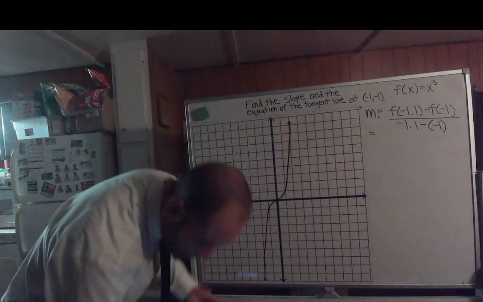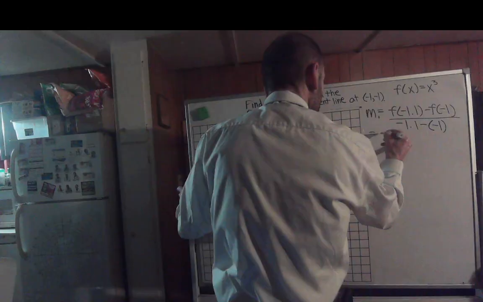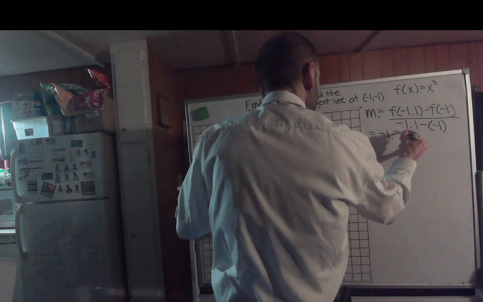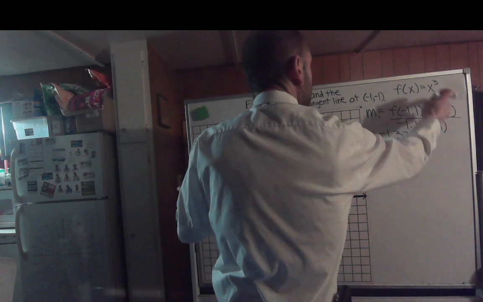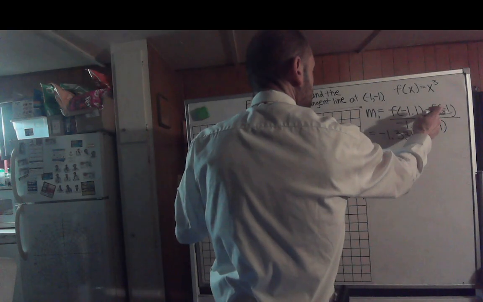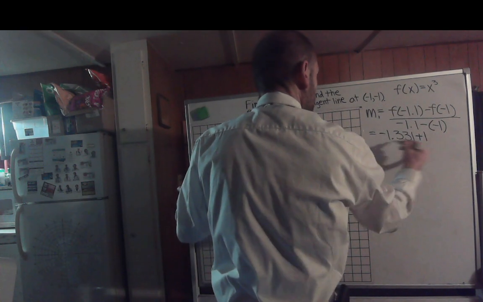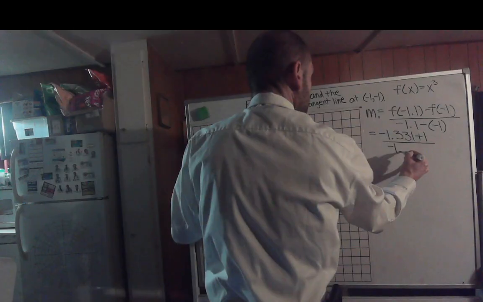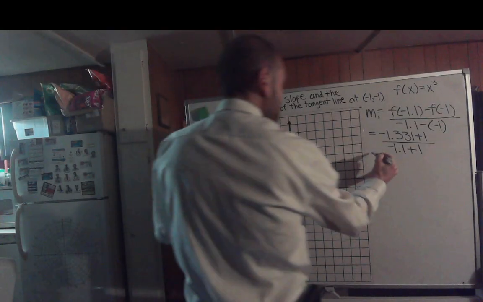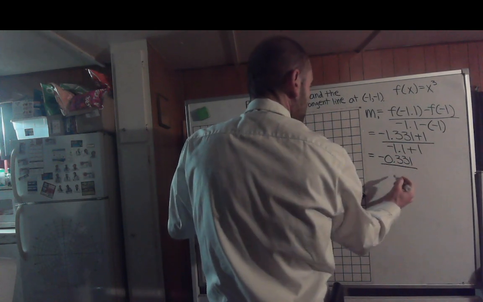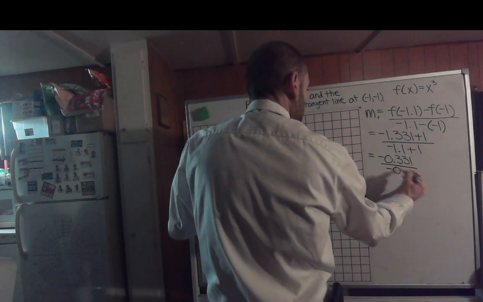I get -1.331. Now, f of -1 is -1. Negative of -1, that's +1, divided by negative 1.1 minus negative 1. Well, that's negative 1.1 plus 1. So this would turn into negative 0.331 divided by negative 0.1.